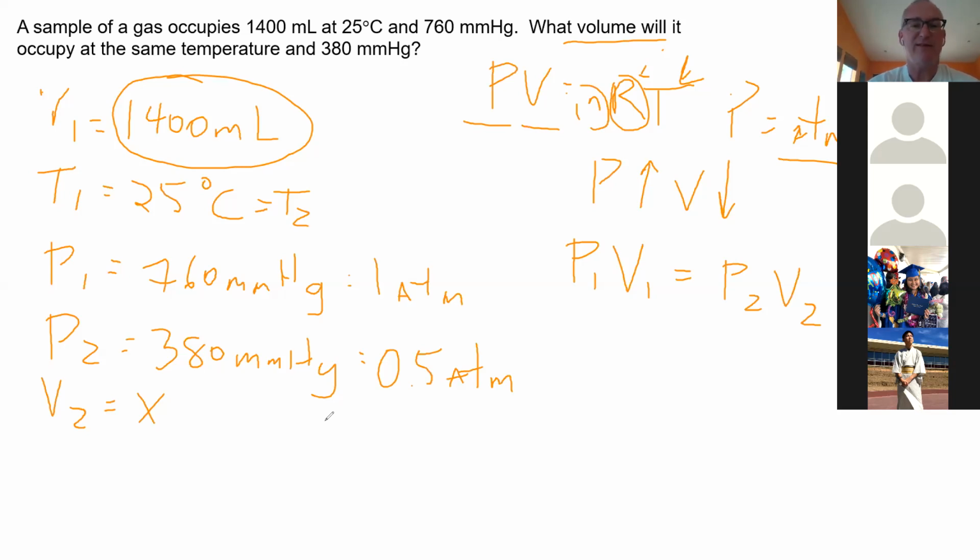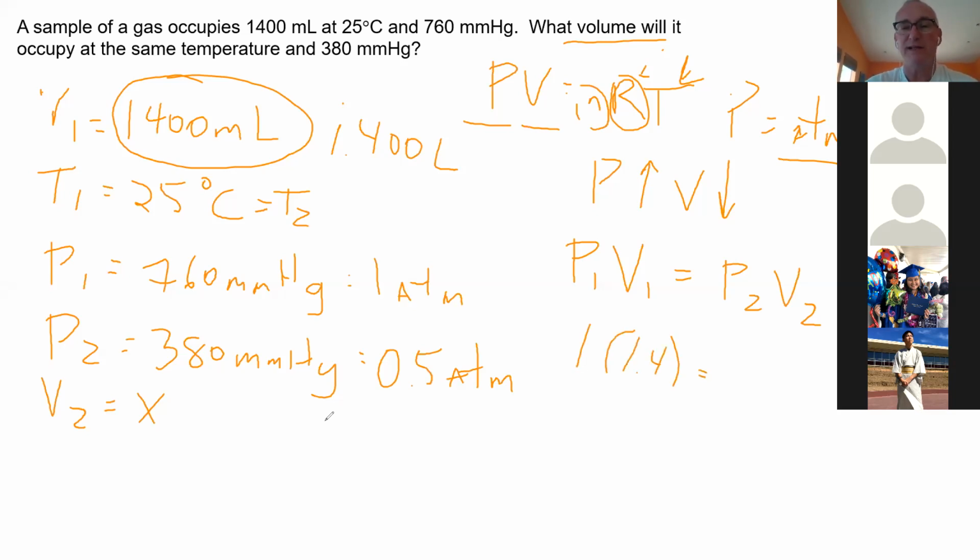We can leave it in milliliters, or convert it to liters. It doesn't really matter. But if we wanted to change it to liters, what do we change it to? 1.4 liters. 1.400 liters.